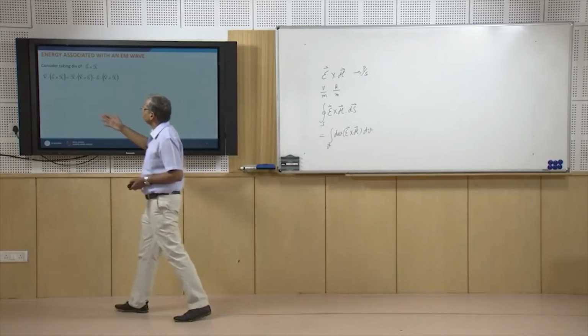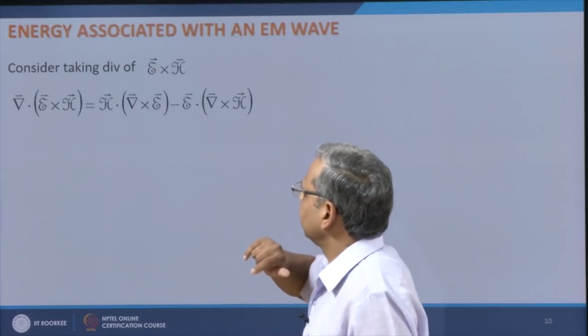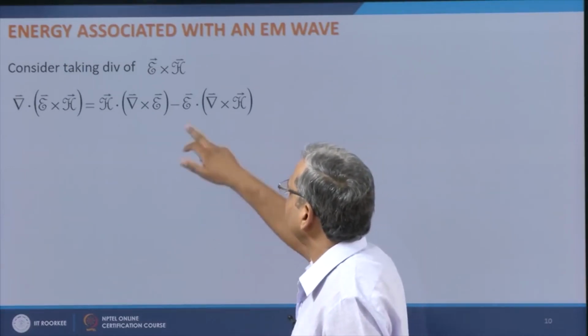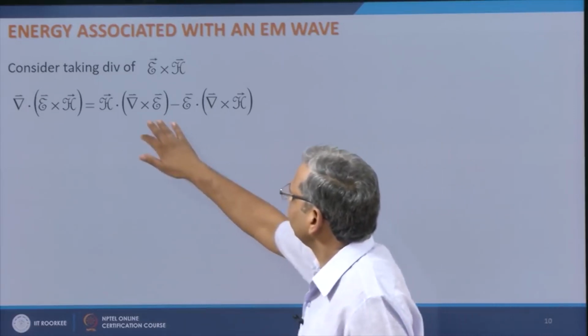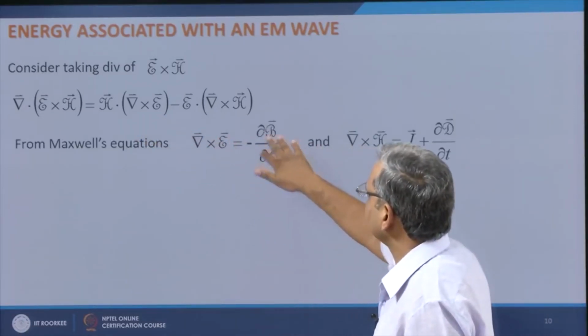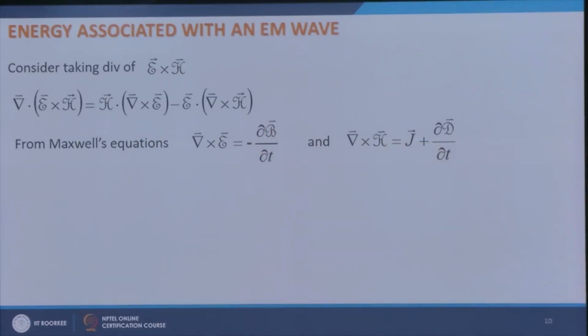So, I take the divergence of E cross H, which I can expand as H dot del cross E minus E dot del cross H, and from Maxwell's equations I know del cross E is minus del B over del t and del cross H is equal to J plus del D over del t.